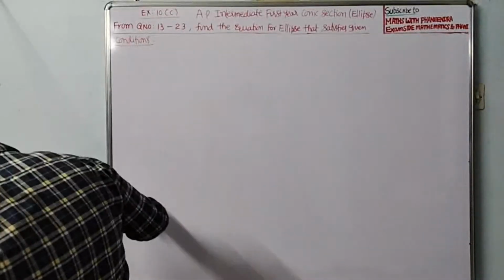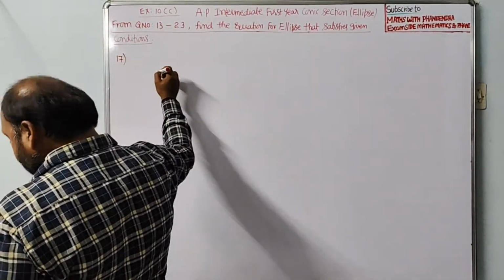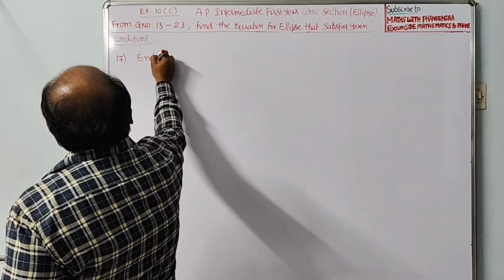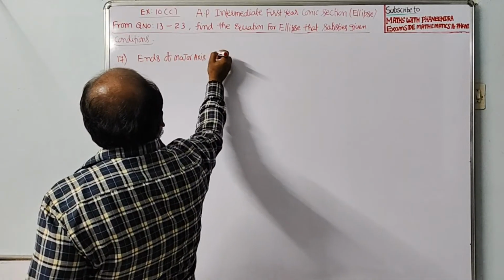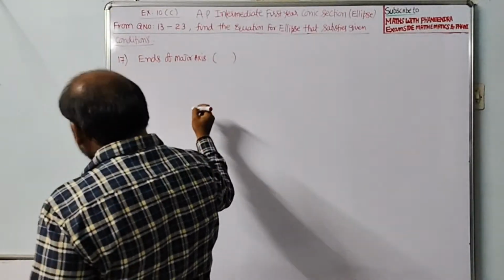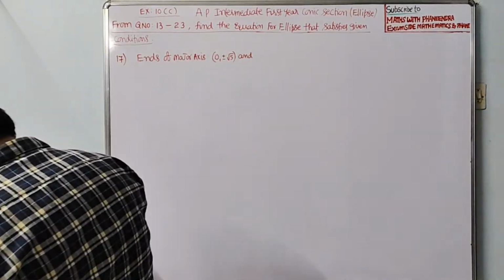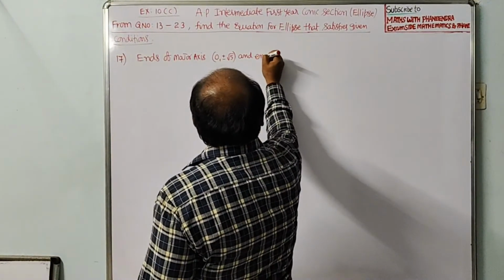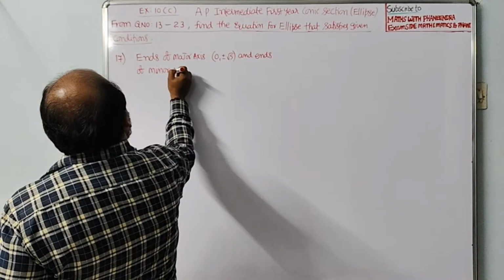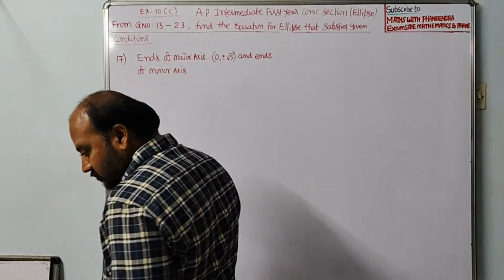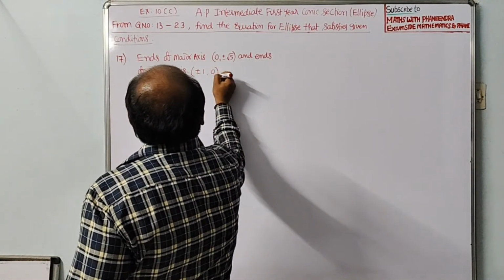Next, question number 17. Ends of major axis, 0 comma plus or minus root 5, and ends of minor axis, plus or minus 1 comma 0.